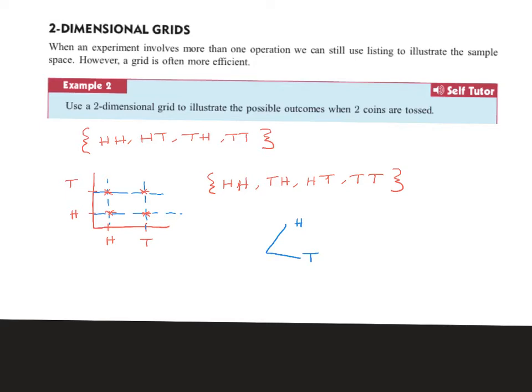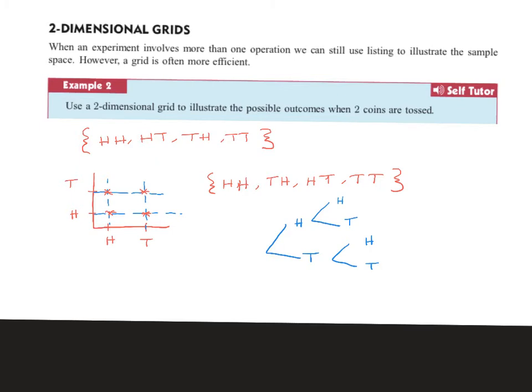Well, if I land on heads the first time, what are the possible outcomes of the second coin that's tossed? Well, it can either land on heads or it can land on tails. Same thing for this bottom branch. Perhaps I get tails the first time. Well, on the second time that I toss the coin, so I'm tossing 2 coins, remember, one after the other, I could get heads or tails.